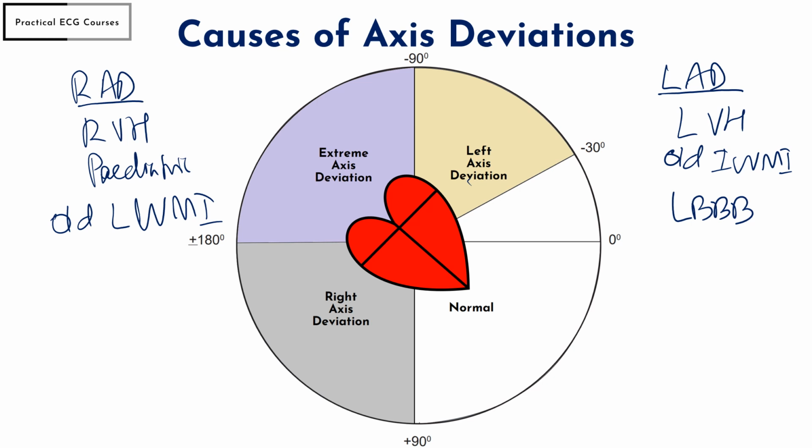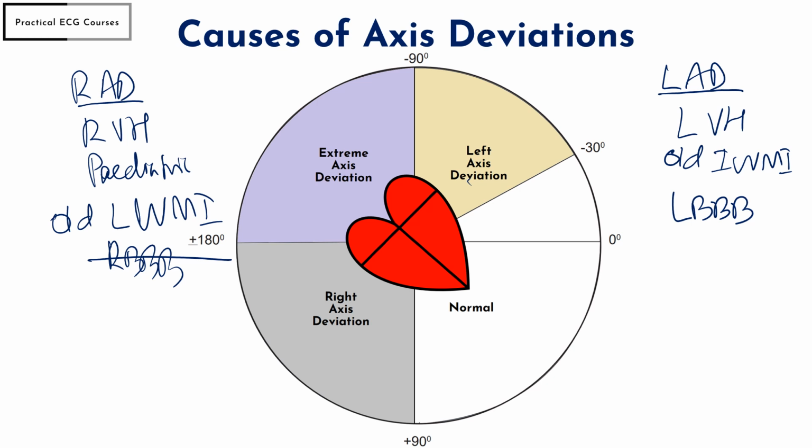Now, what would you expect in the case of a right bundle branch block? The opposite, isn't it? You would expect that the right bundle branch block has a right axis deviation. But it is extremely important to know that right bundle branch block does not have any axis deviation.